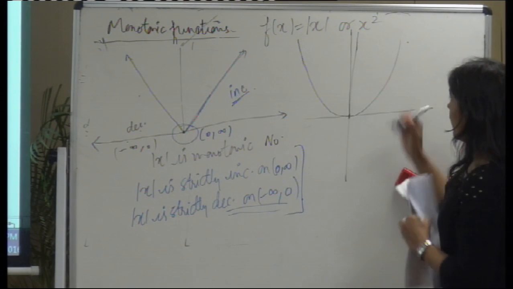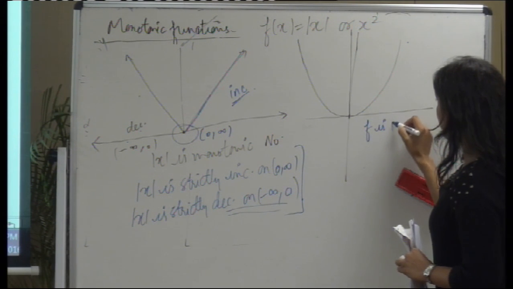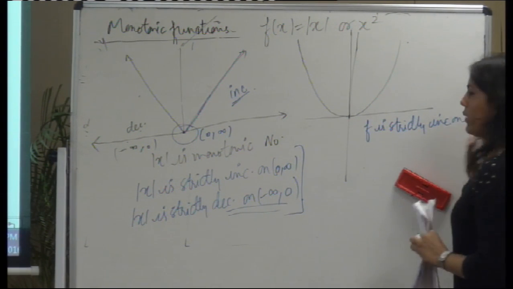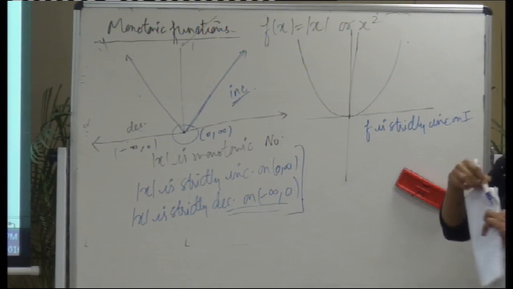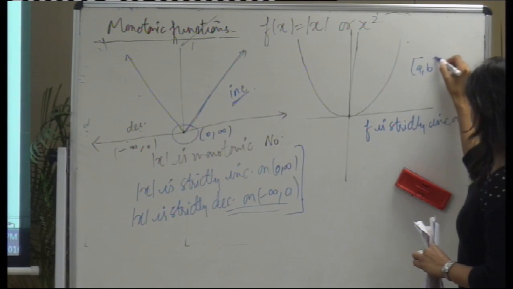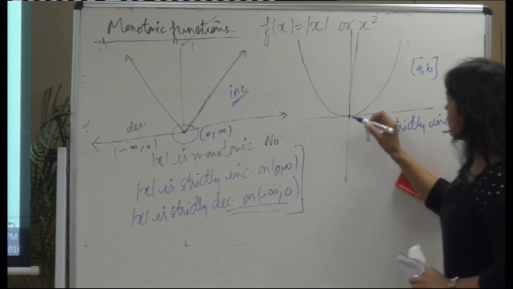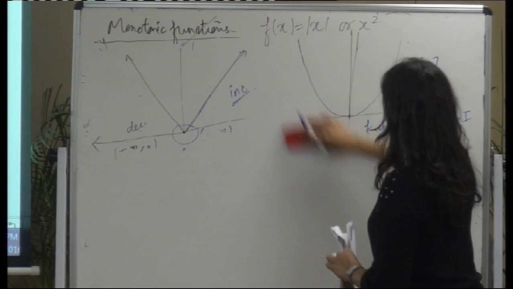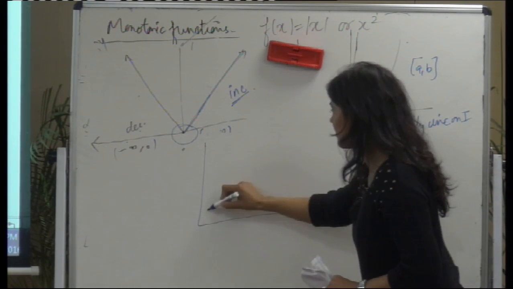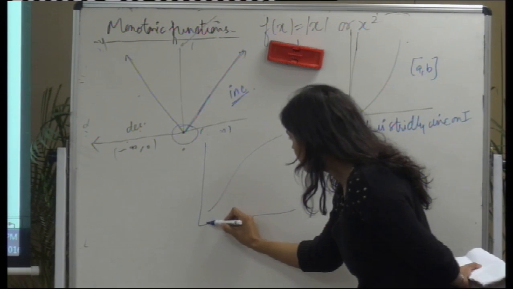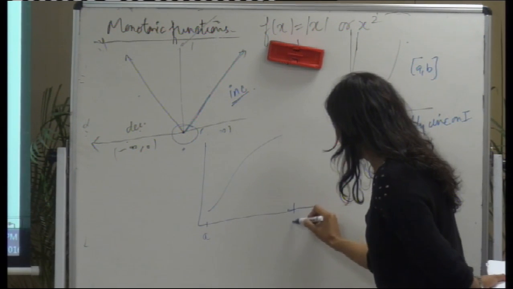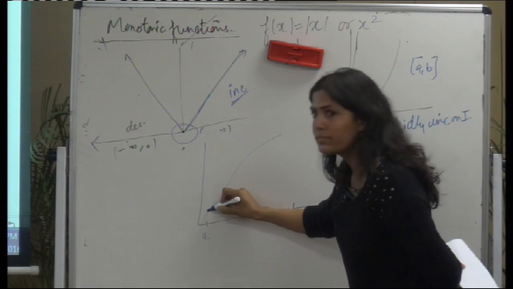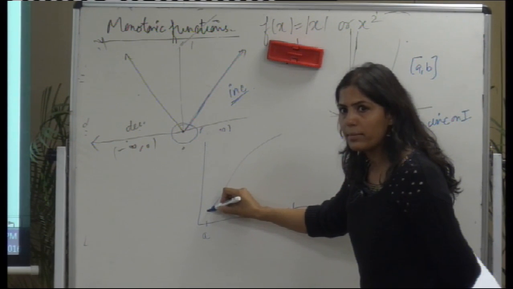So now if you know f is strictly increasing on any interval, it means in this interval this function is increasing, strictly increasing I am taking. Actually strictly helps. Suppose this is the function, any function. This is increasing. So a value is here, b value is in this interval. So it means this is the least value of the function. All agree?